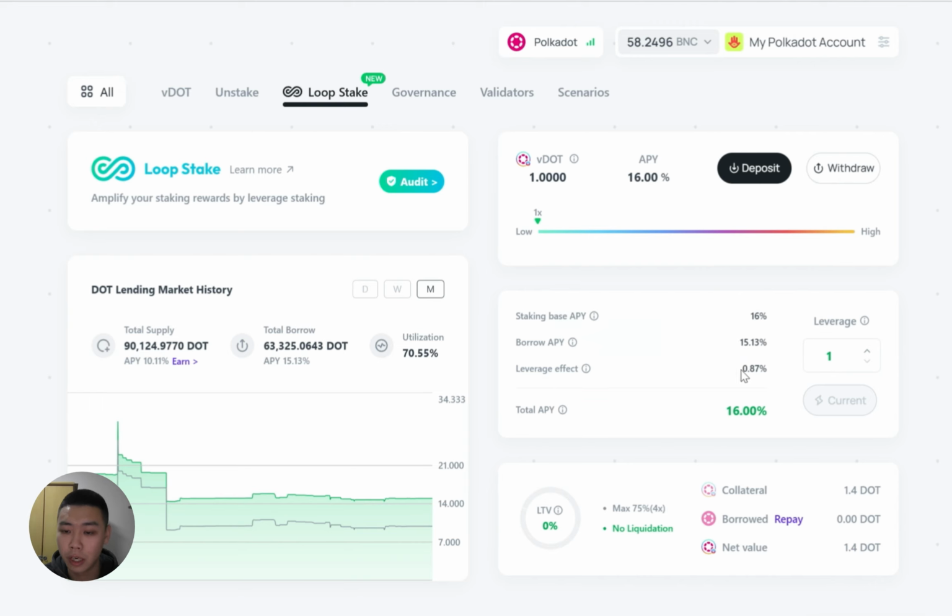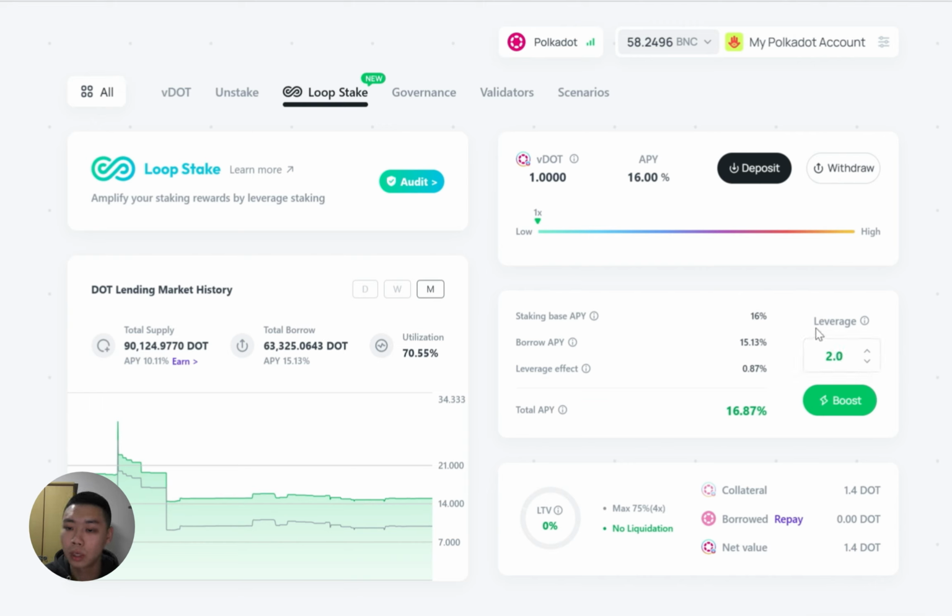And the leverage effect is one of the essential coefficients. It indicates what percentage of APY you can earn on top of each leverage. So the total APY right now is 16% without any leverage. Let us try adjusting our leverage position to, let's say, 2, okay?